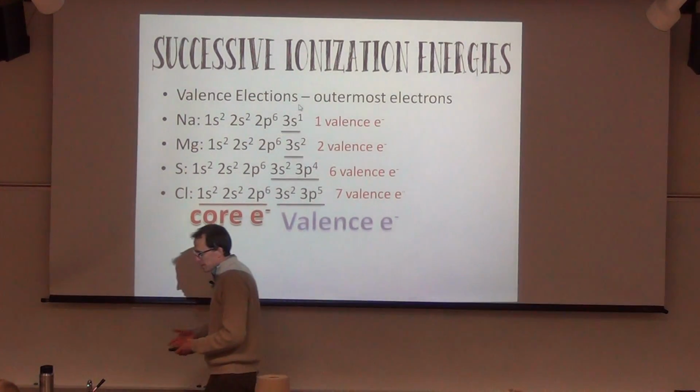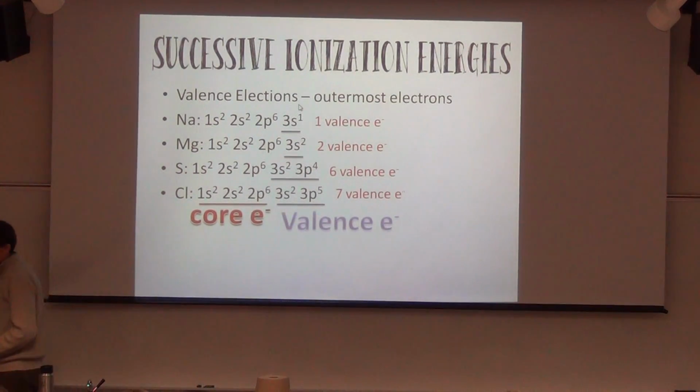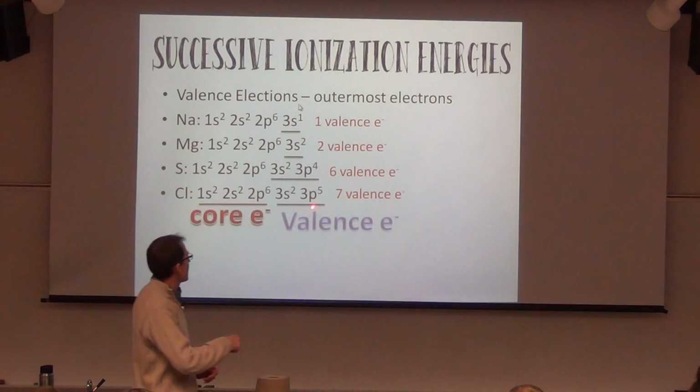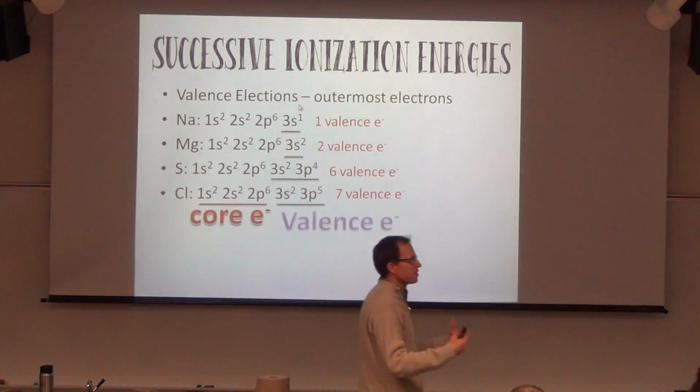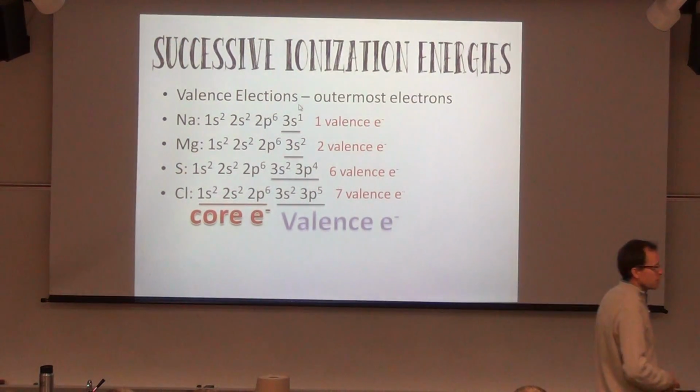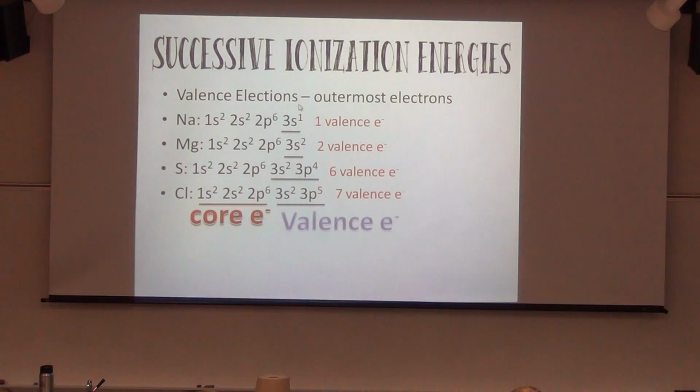It's nice to see a couple of things that are similar, with the differences that are involved, but it's really important that you recognize that the 3p5 is not 5 valence electrons. It's the S and the P. 2 plus 5 is 7. We have 7 valence electrons. It's going to be extremely vital in where we're heading.